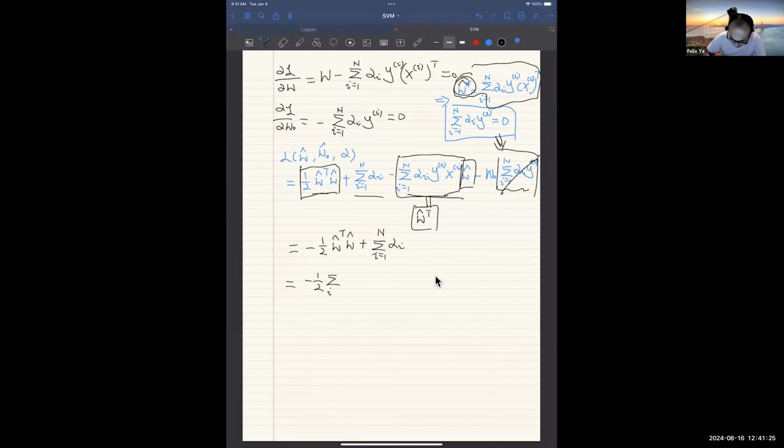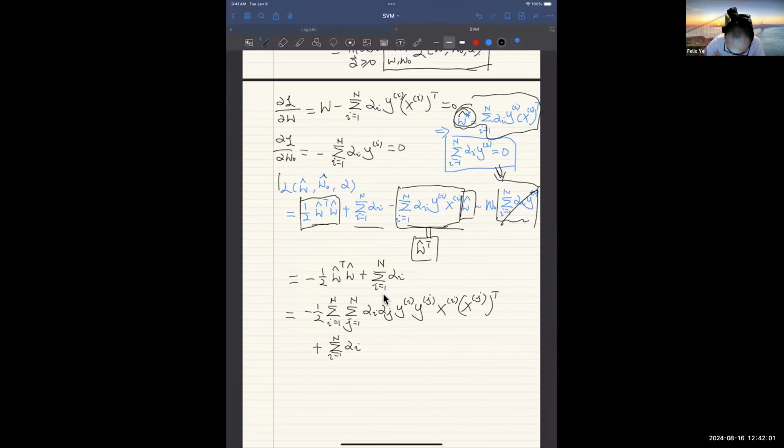So this becomes i from 1 to n, and j from 1 to n of alpha i and alpha j, yi, yj, x of i, and x of j transpose, plus the summation i from 1 to n of alpha i. Okay, so that is the case where we plug our W hat, which we already solved previously, into the Lagrangian.